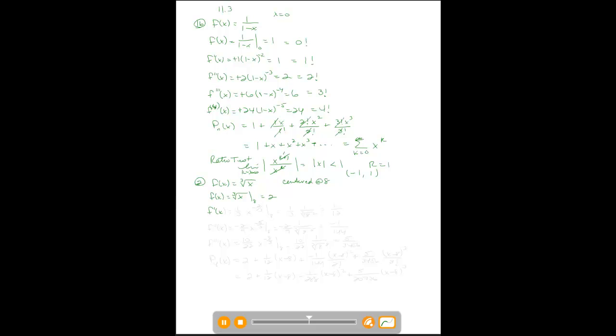I take the first derivative. That's going to be 1/3 x to the negative 2/3 evaluated at 8. That's 1/3 1 over the cube root of 8 squared. So I get 1 over, cube root of 8 is 2, 2 squared is 4, 4 times 3 is 12. Okay, second derivative.